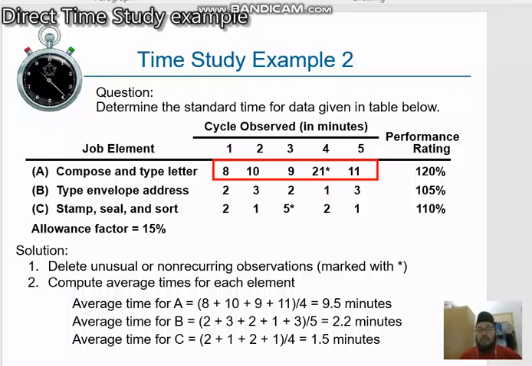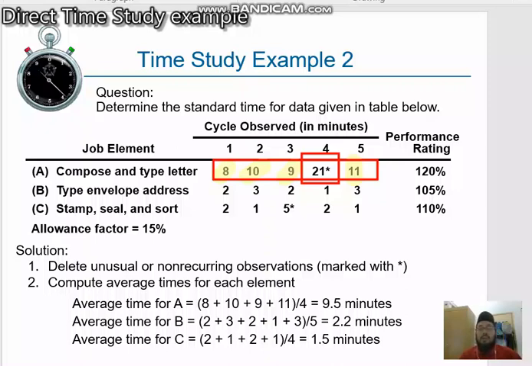We can see here in the set of 5 data for element A, this 21 minutes is far away from the other observation times. For example, in the first observation, the element is 8 minutes, observation number 2, 10 minutes, observation number 3, 9 minutes, observation number 5, 11 minutes, but we can see that some unusual data or error might have happened in observation number 4.